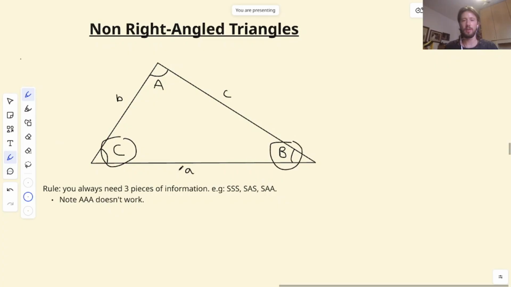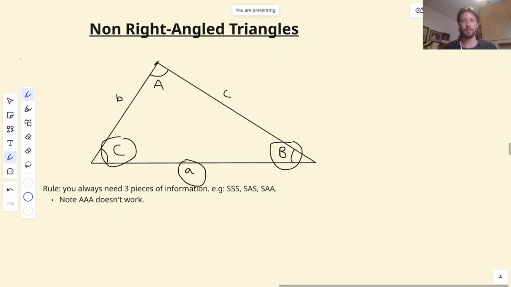So two angles here, perhaps a side there, or anywhere else. Any position of these three pieces of information will allow us to figure out the rest of the triangle. The triangle is just defined by three pieces of information.